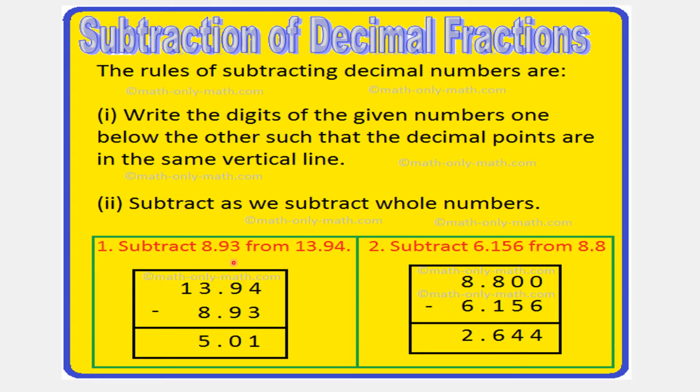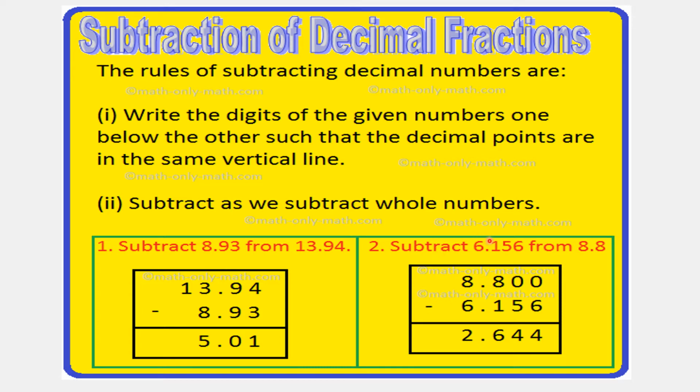This is also having two decimal places, and this is the bigger number, so you write 13.94 on top and minus 8.93. Now 4 minus 3 is 1, 9 minus 9 is 0, and 13 minus 8 is 5. So the answer is 5.01.